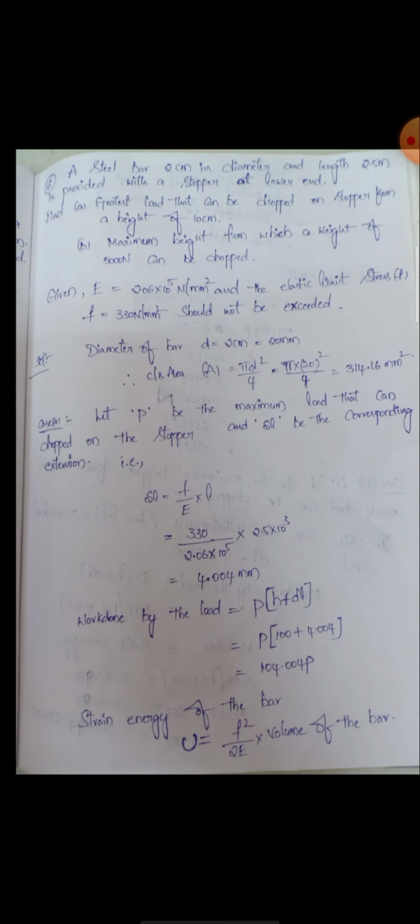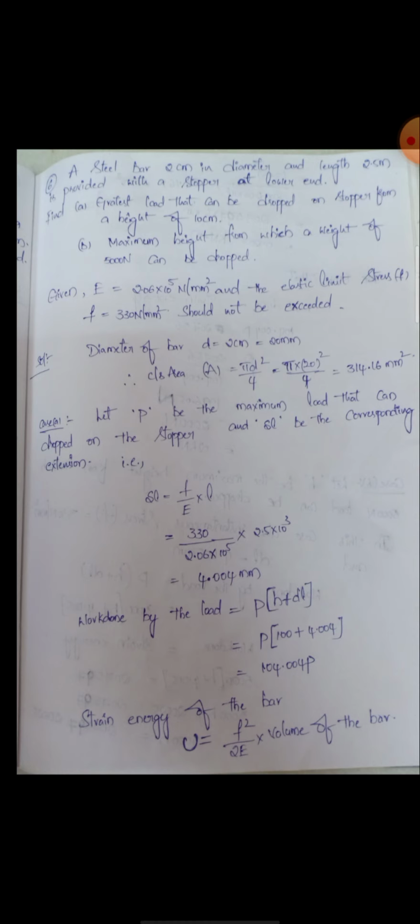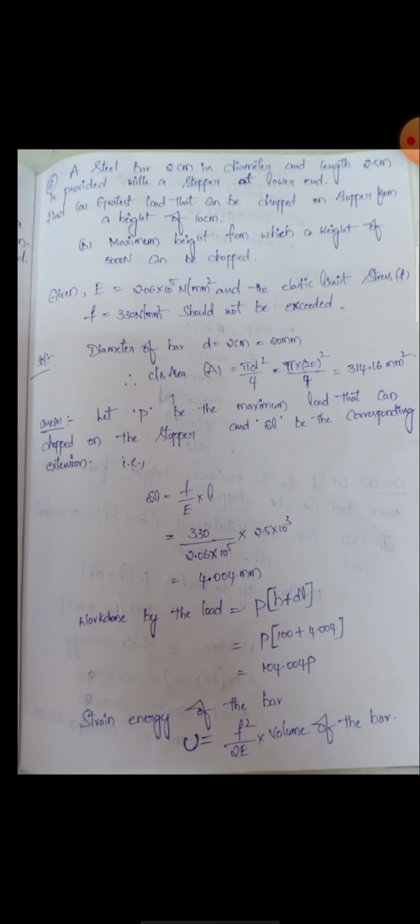The formula for delta L equals f by E into L, where f is nothing but P by A. So f value is 330, divided by E, which is 2.06 into 10 power 5, into L. L value is 2.5 into 10 power 3, where 2.5 is the length and 10 power 3 is the conversion to mm. After substituting the f, E and L values, the delta L value is 4.004 mm. So that is the delta L.